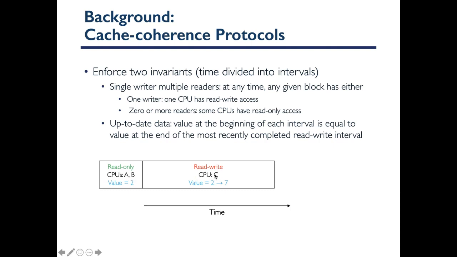And CPU C is the only one with read-write permission. And let's say CPU C changes the value from 2 to 7. So this is this interval. And let's say after that, A and B want to read again. So they would get read-only. Now everybody goes to read-only, A, B, and C. And the value I see here should be the last value that was changed in a read-write interval.